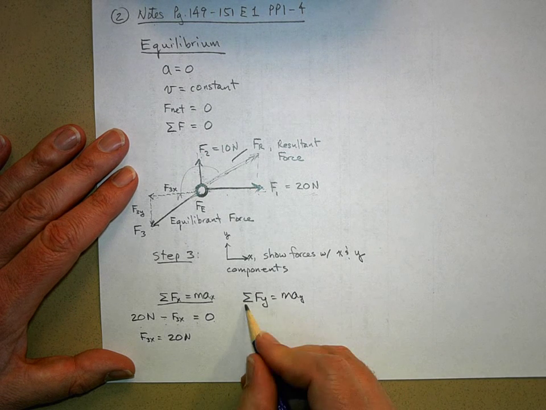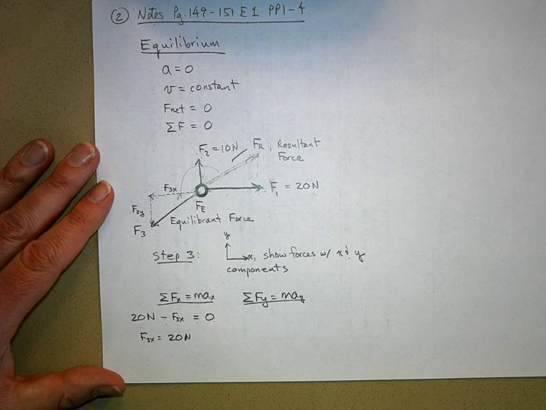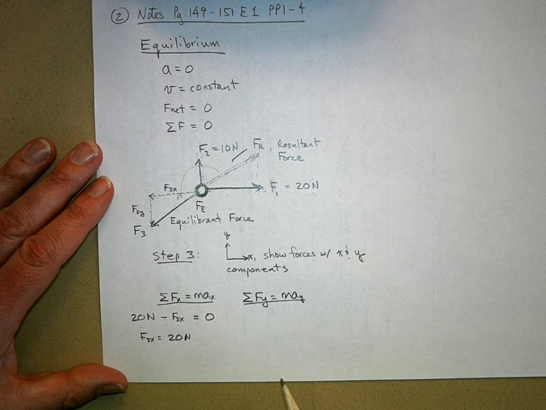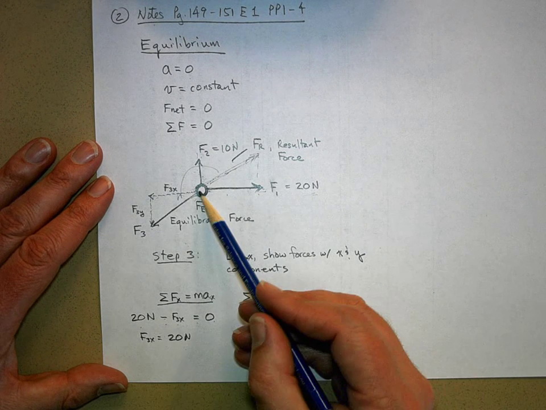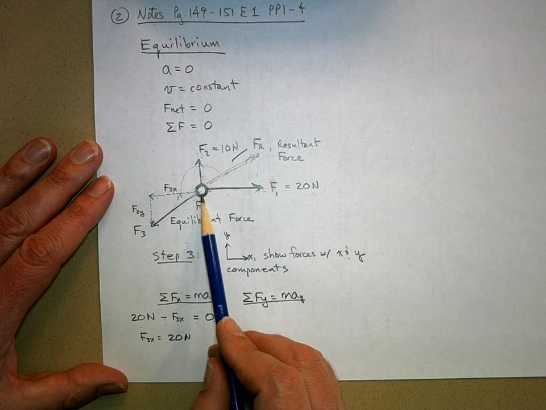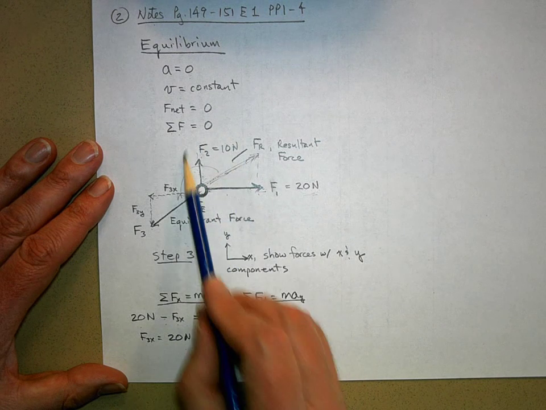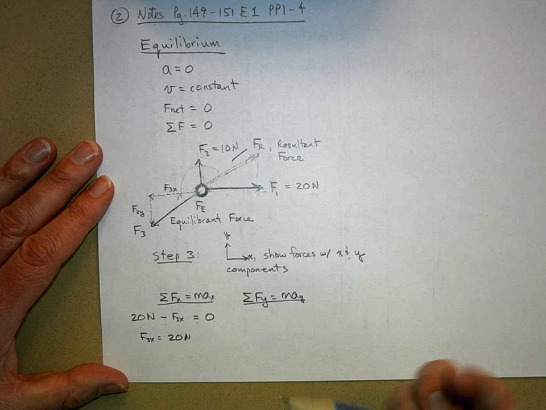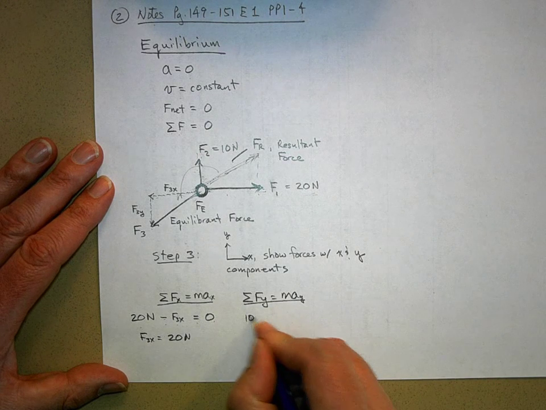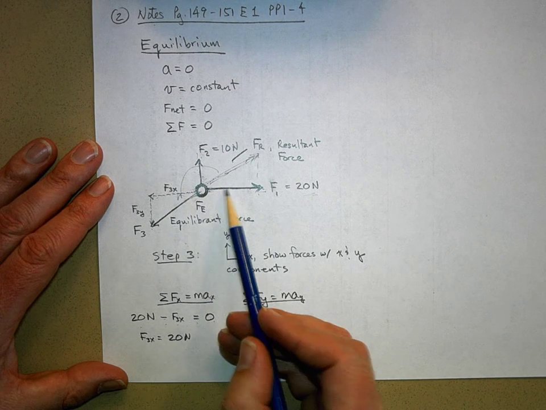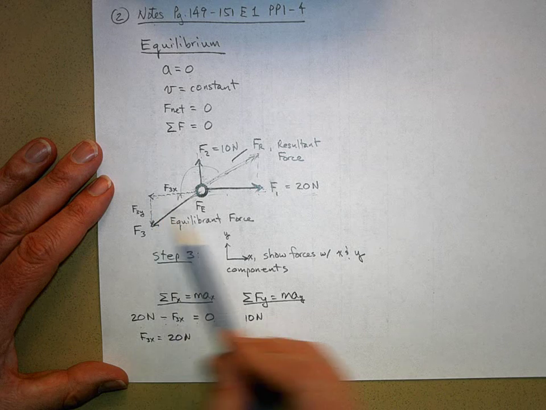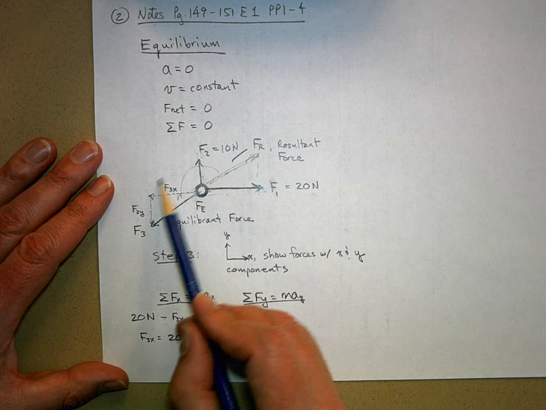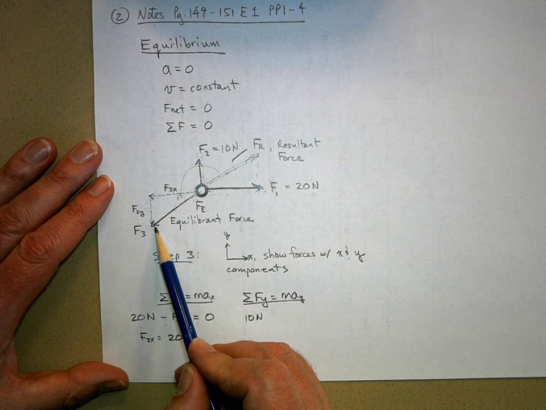Now, let's sum the forces in the y direction equals ma in the y direction. So I'm just following the procedure here. And in the y direction, what have I got? Well, in the positive y direction, I've got F2. I've got 10 newtons. And then anything else in the y direction on my free body diagram? Oh, look at that. F3 in the y. See this force right here?